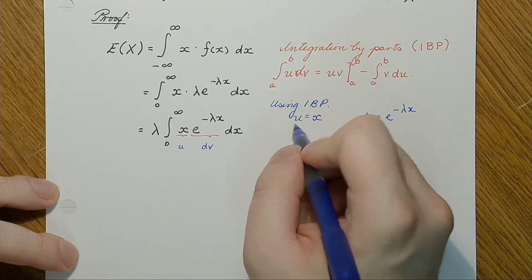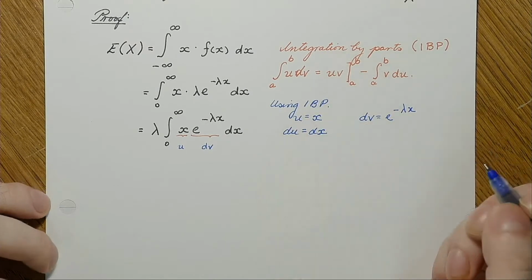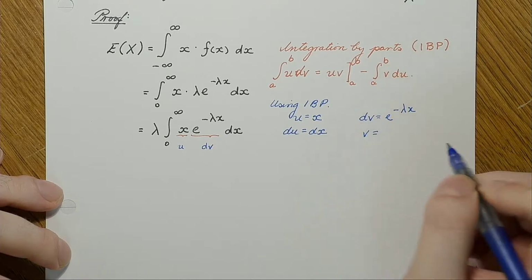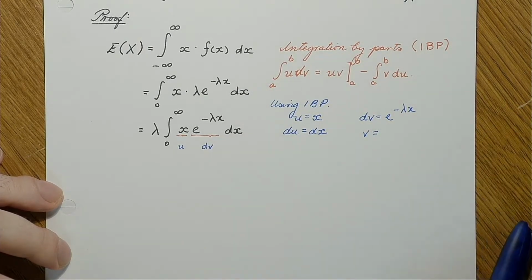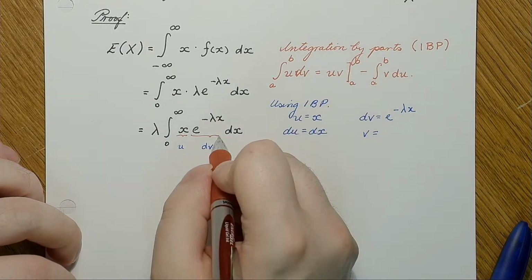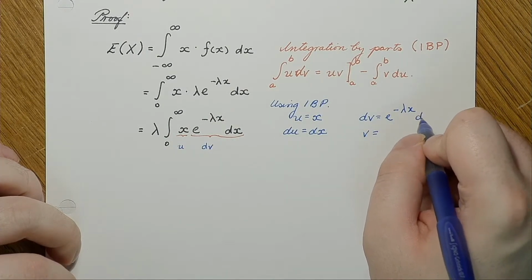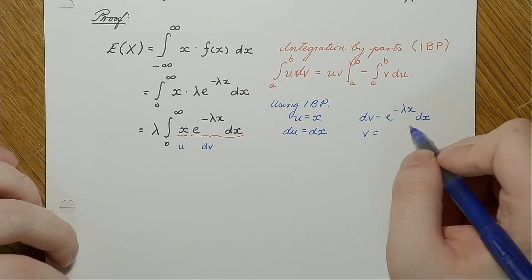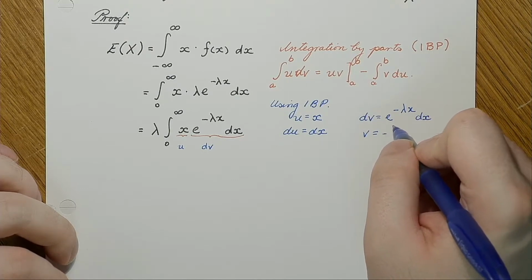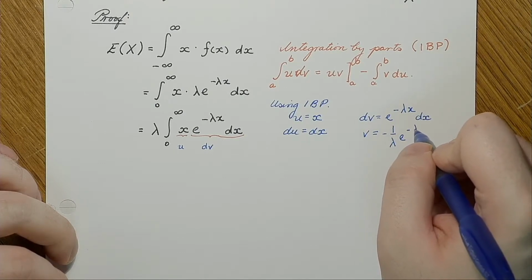And if I differentiate, I just get dx. And now I'm going from dv to v, so I need to integrate. Let me just extend that a little further so it includes my dx. So I can then integrate that. It is 1 over lambda e to the minus lambda x.